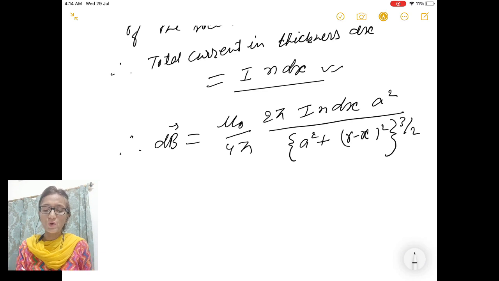So this is the magnetic field due to the small thickness. And to find the total magnetic field at point P due to the whole solenoid, we need to integrate this equation.